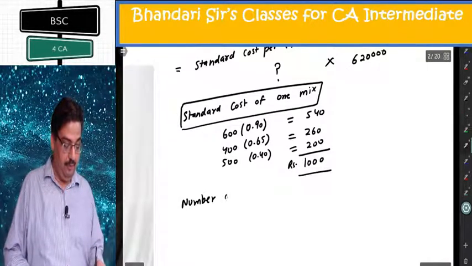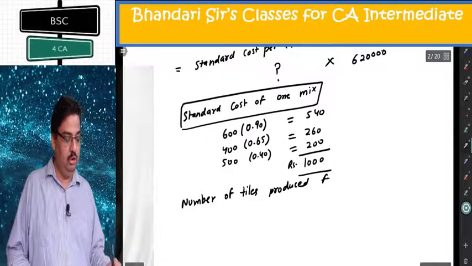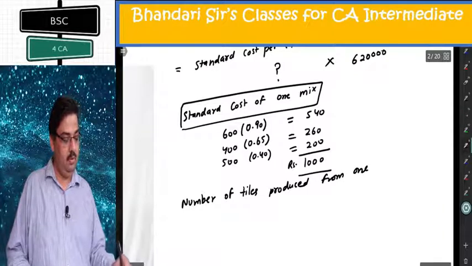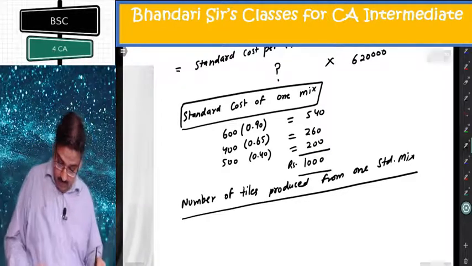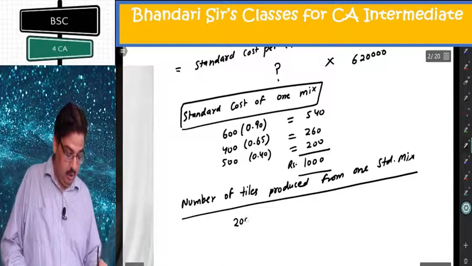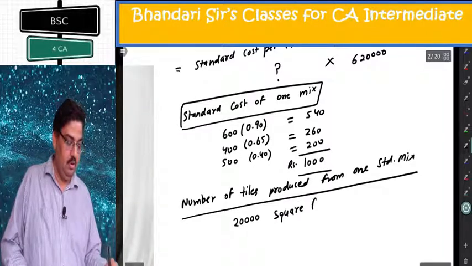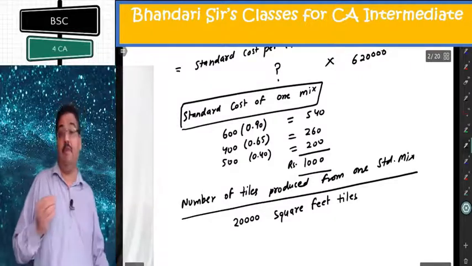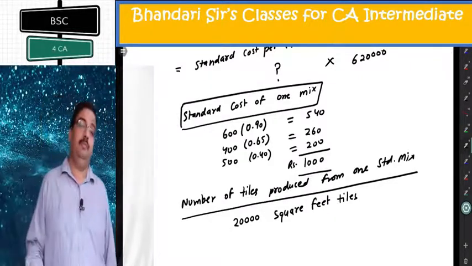Number of tiles produced from one standard mix. It is telling me 20,000 square feet tiles. It is not number of tiles, it is square feet of tiles. Now what is square feet?